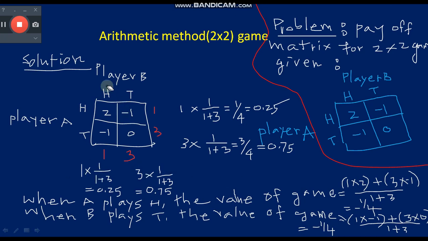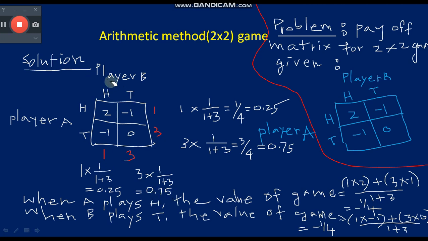Similarly for player B. The total is 4. Out of 4, how many chances for the first strategy? 1, so 1 by 1 plus 3, we get 0.25. Now here, 3 divided by the total 1 plus 3, we get 0.75.